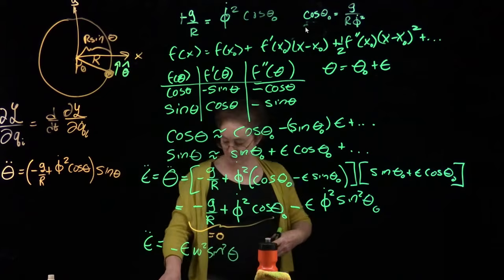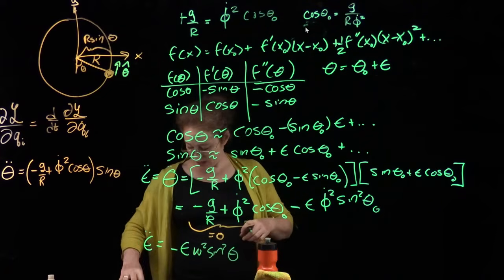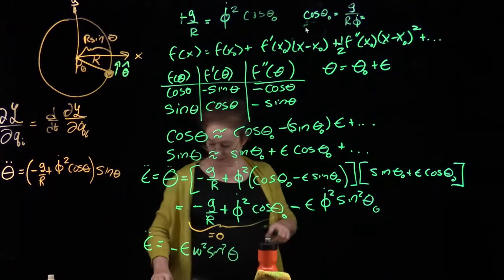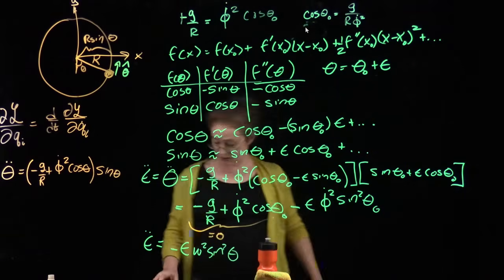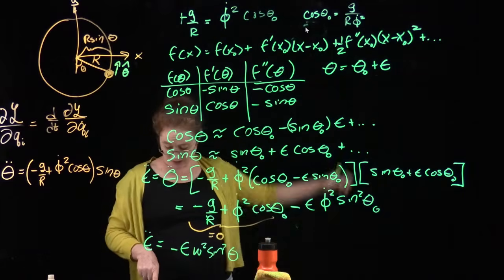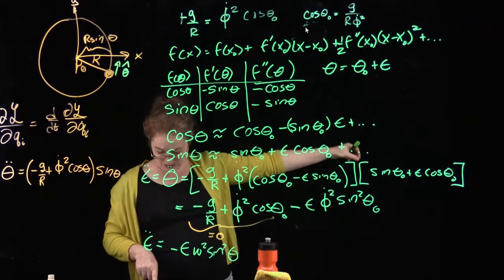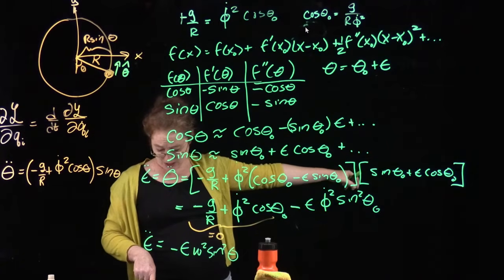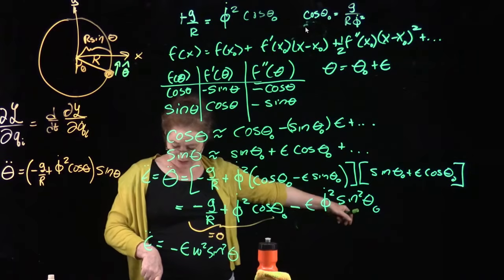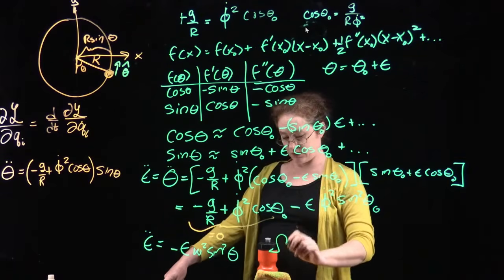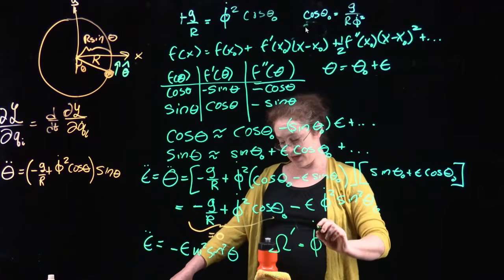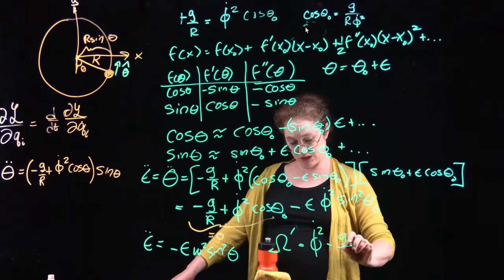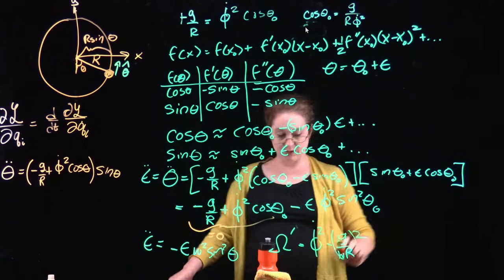So I can identify here that this is simple harmonic oscillations near the edges, and I get a different oscillation frequency, which works out to be capital Omega is phi dot squared minus g over omega r quantity squared.